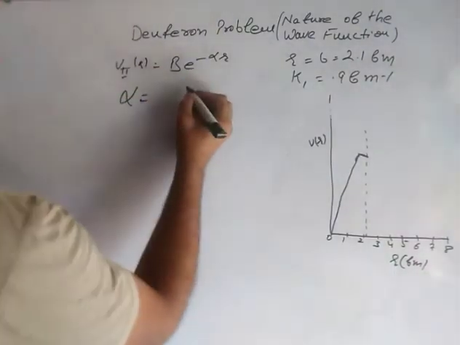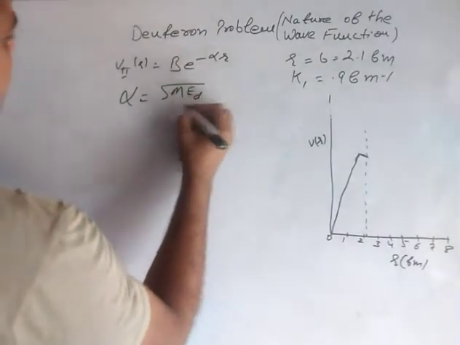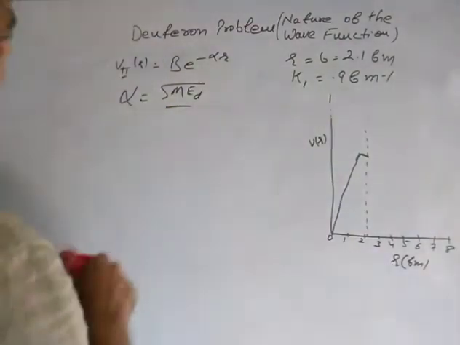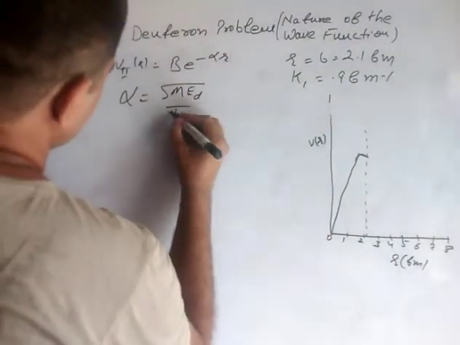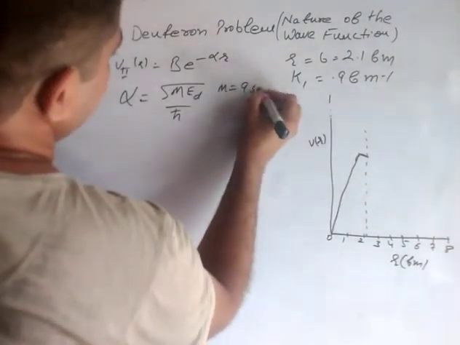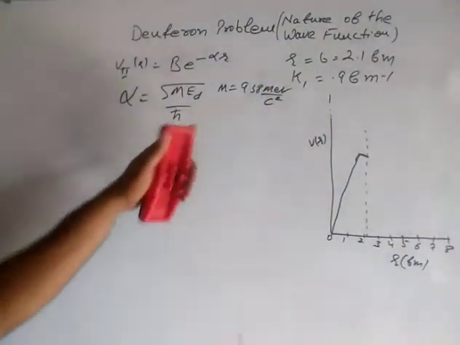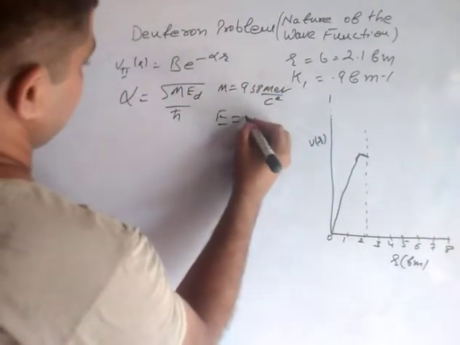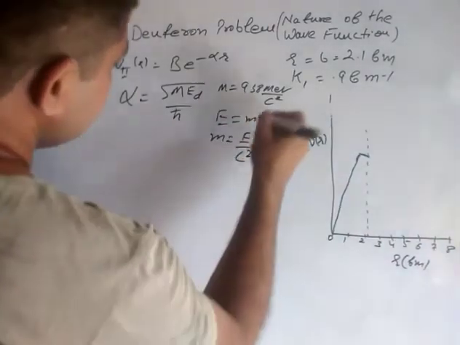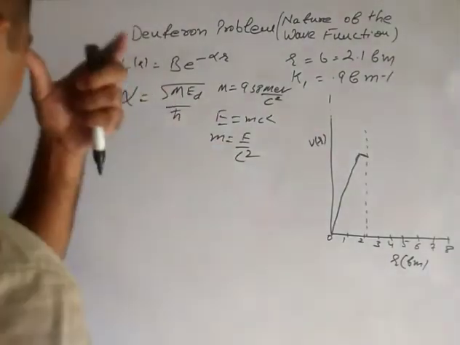Alpha is equal to root of m E_d upon h cut. You can do a similar calculation here, because you know m is equal to 938 mega electron volt upon c square. Remember, you have to write c square because the Einstein relation is E equal to mc square, so your m will be E by c square. This c square is very important to write in the denominator, otherwise this will not be dimensionally correct.